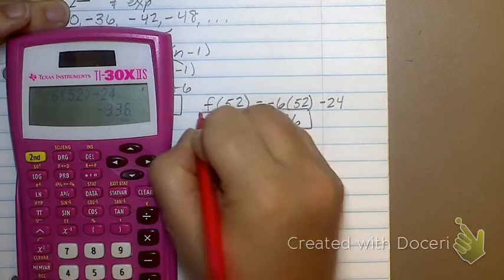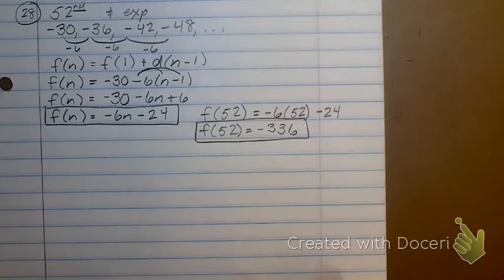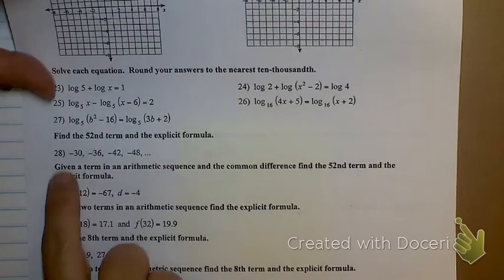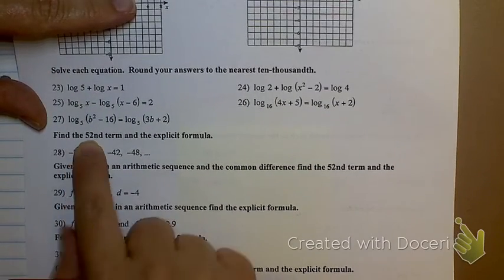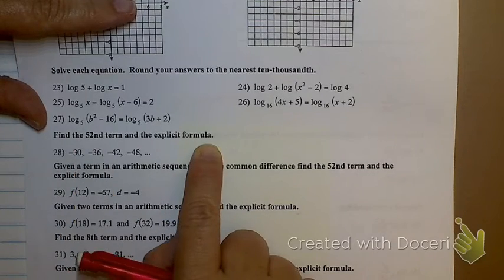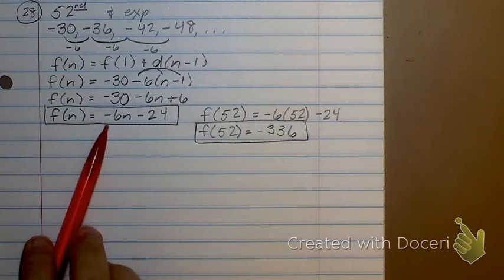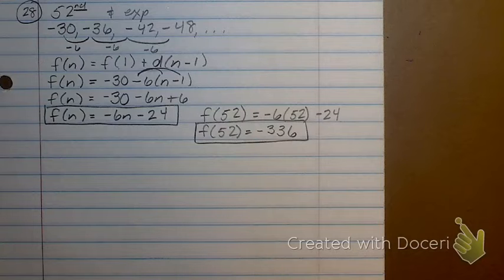So that's the second part of that answer. Questions over that guy? Where did I get what? The problem asked me. The problem said 28. Find the 52nd term and the explicit formula. So I found the explicit formula first so that the 52nd term is easier to find.